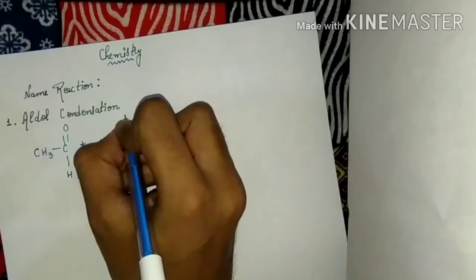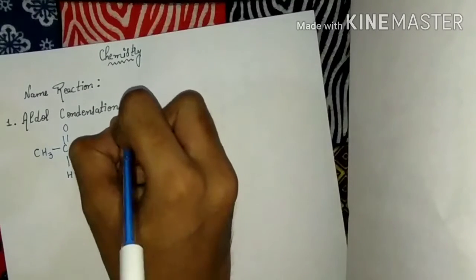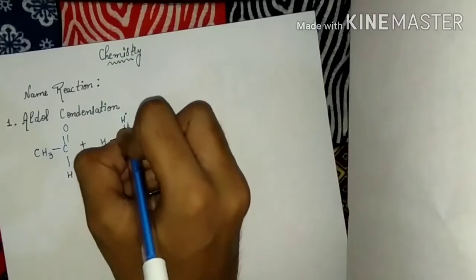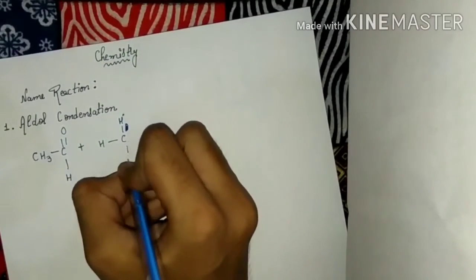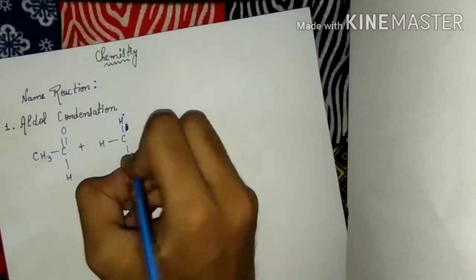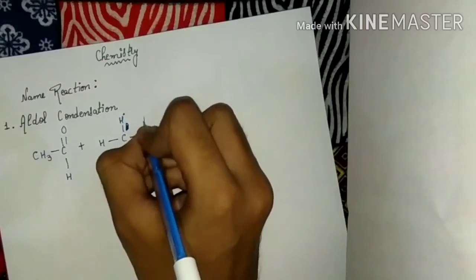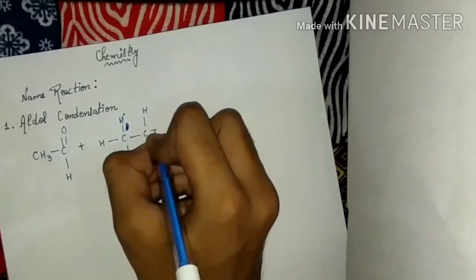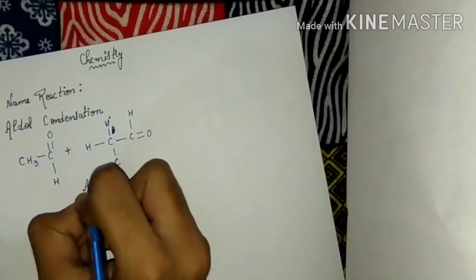Also, I would like to mention that I will be teaching only 10 reactions today, so keep yourself updated with my newly uploaded videos so that you get an idea about all the reactions. Okay, so these are the two molecules of acetaldehyde right here.